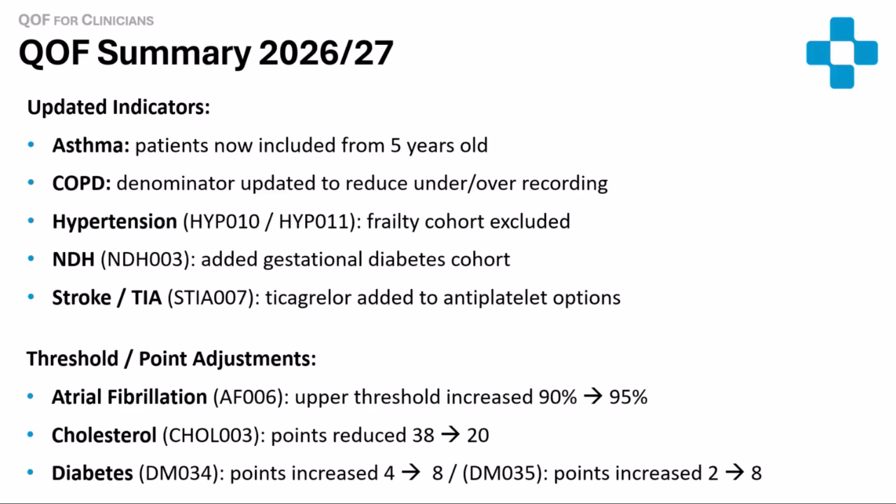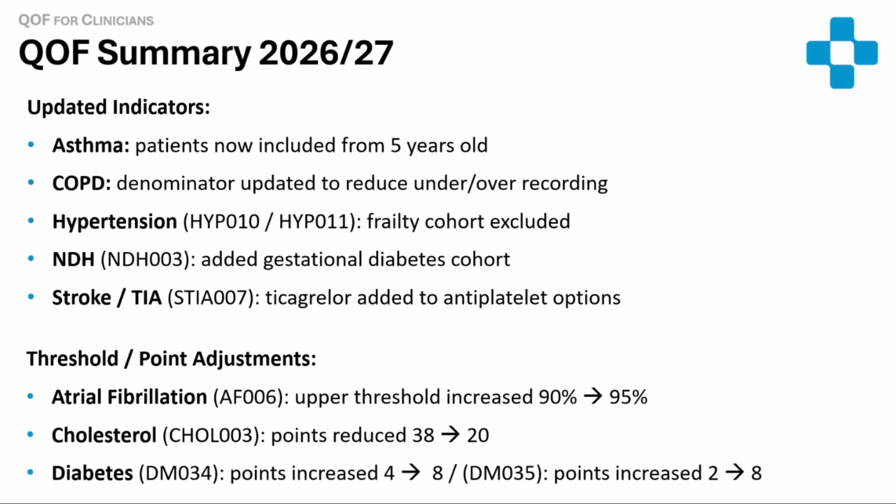Hypertension, you'll notice for that one, the update is to exclude the frailty cohort for those particular indicators. You've also got an update for non-diabetic hypoglycemia, which has added in gestational diabetes.